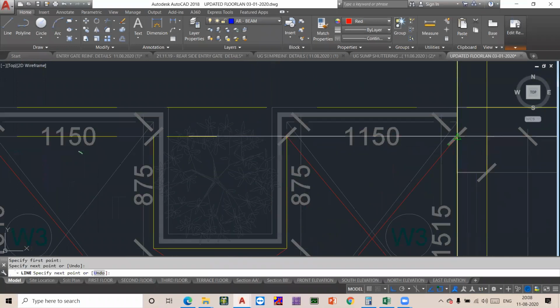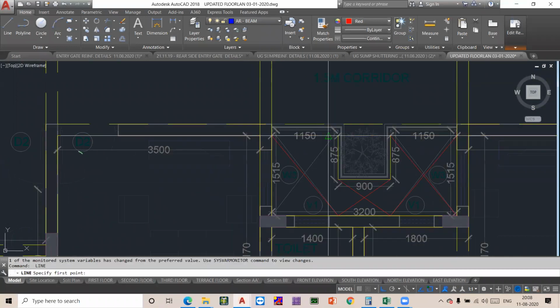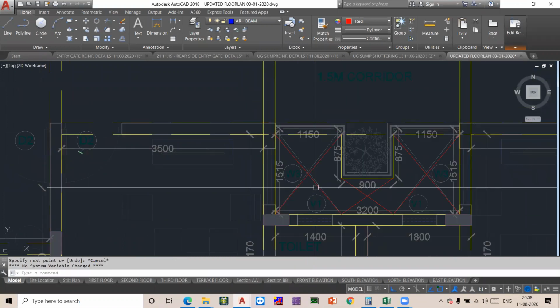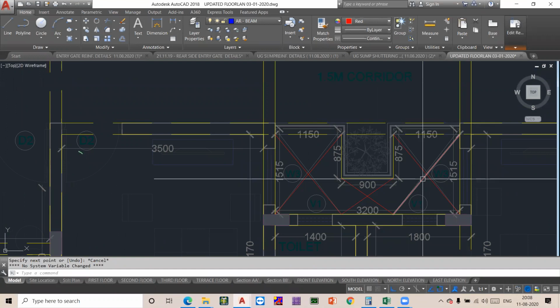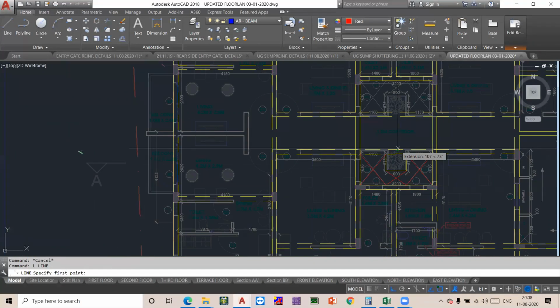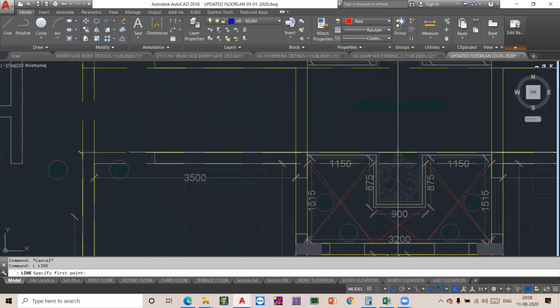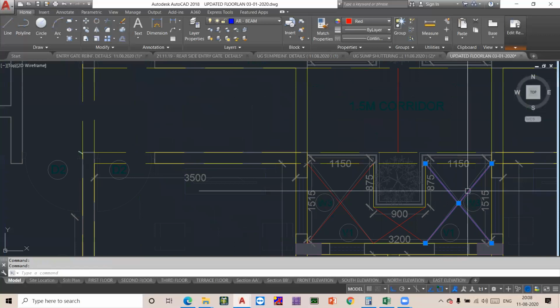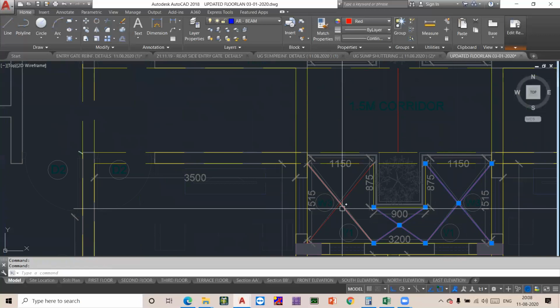So this red colored cross line indicates this region is a no slab region. I am mirroring the same to the other side.